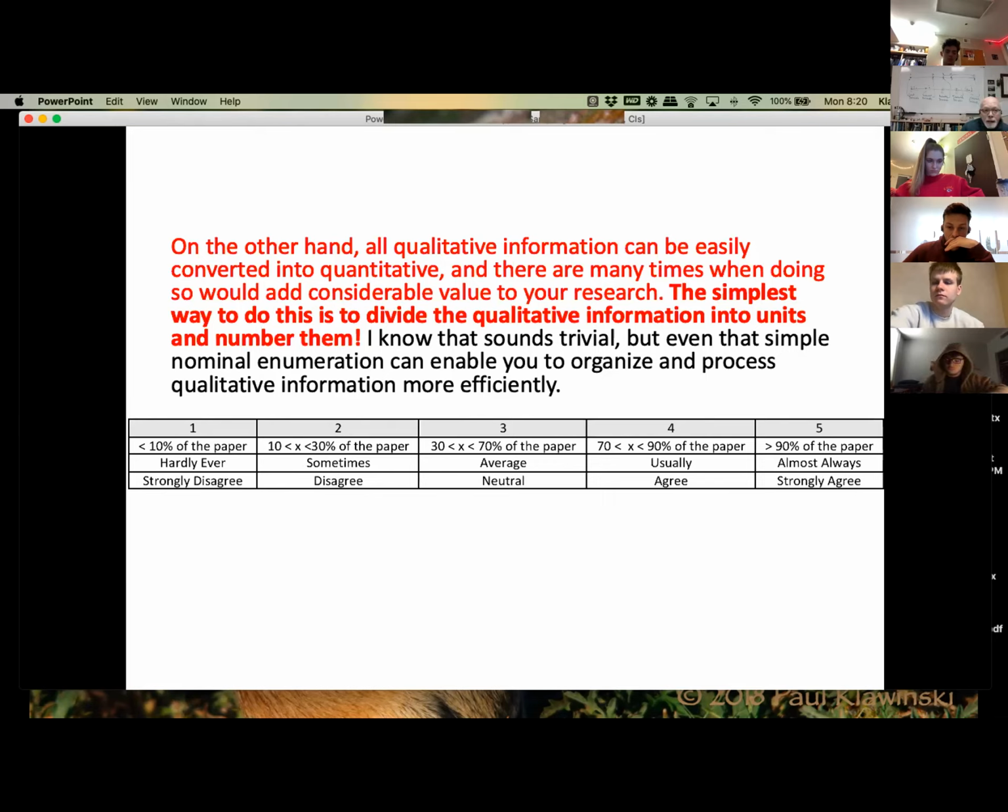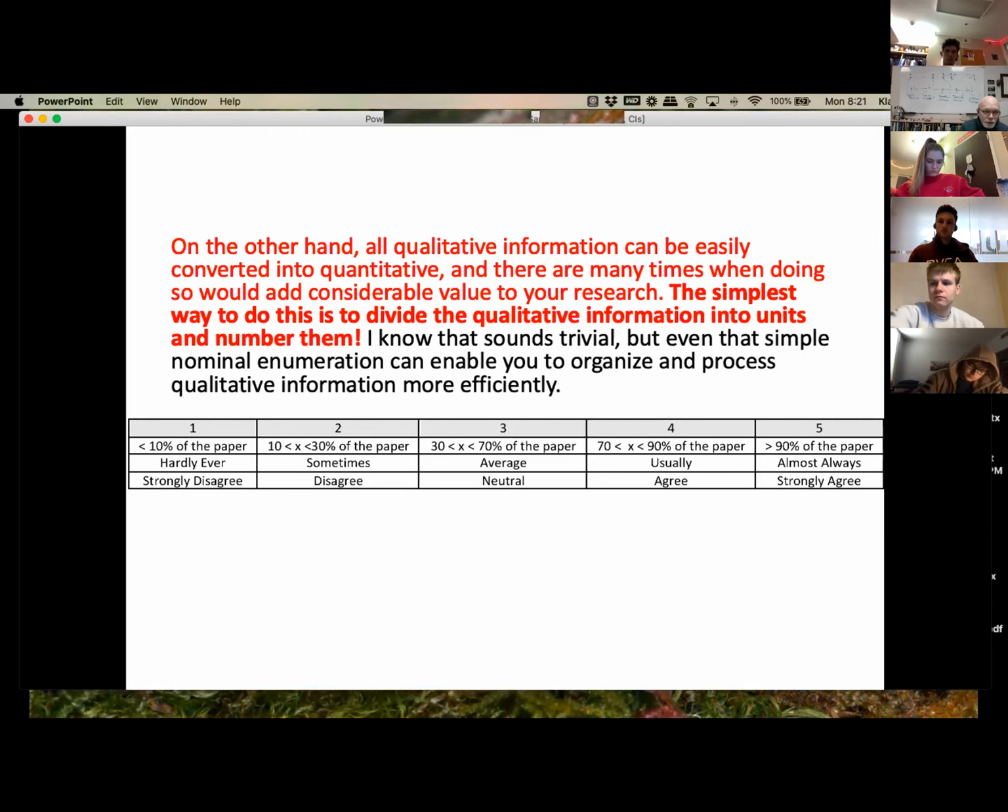I would argue that converting it to numbers can actually obscure differences that would be revealed if you used something like a sliding scale, which is why opinion polls often rely upon a sliding scale rather than a set of Likert items.